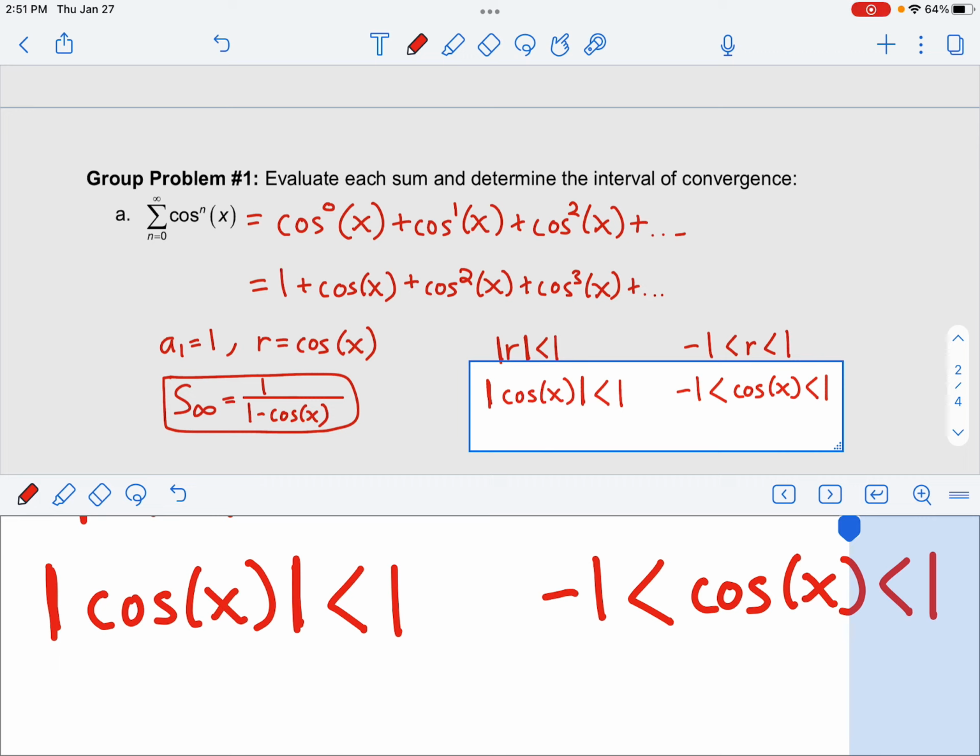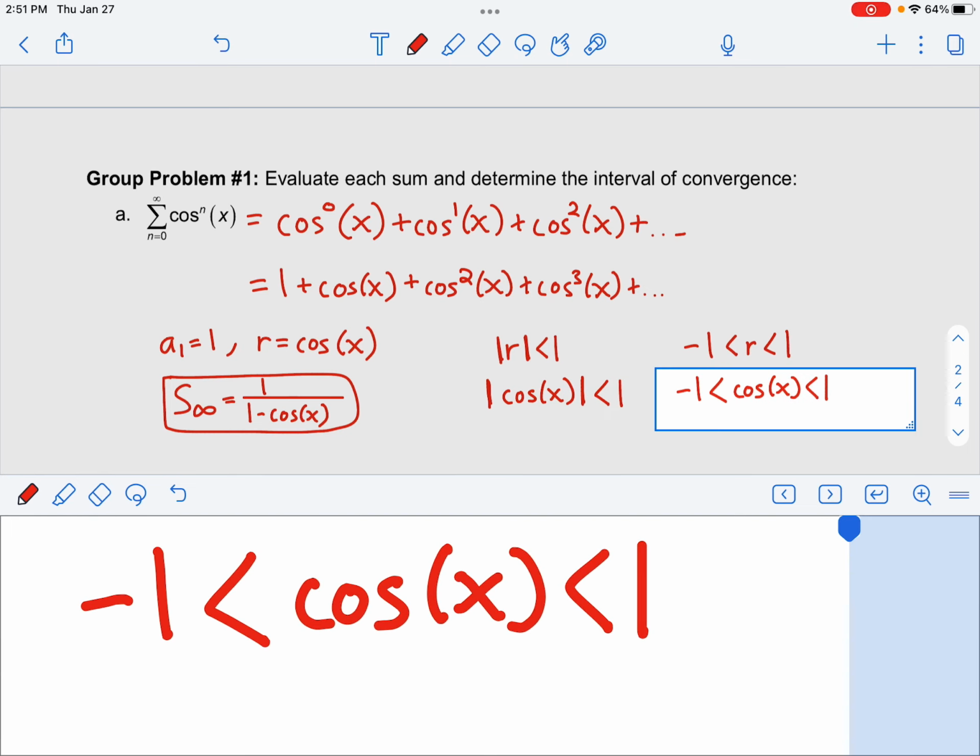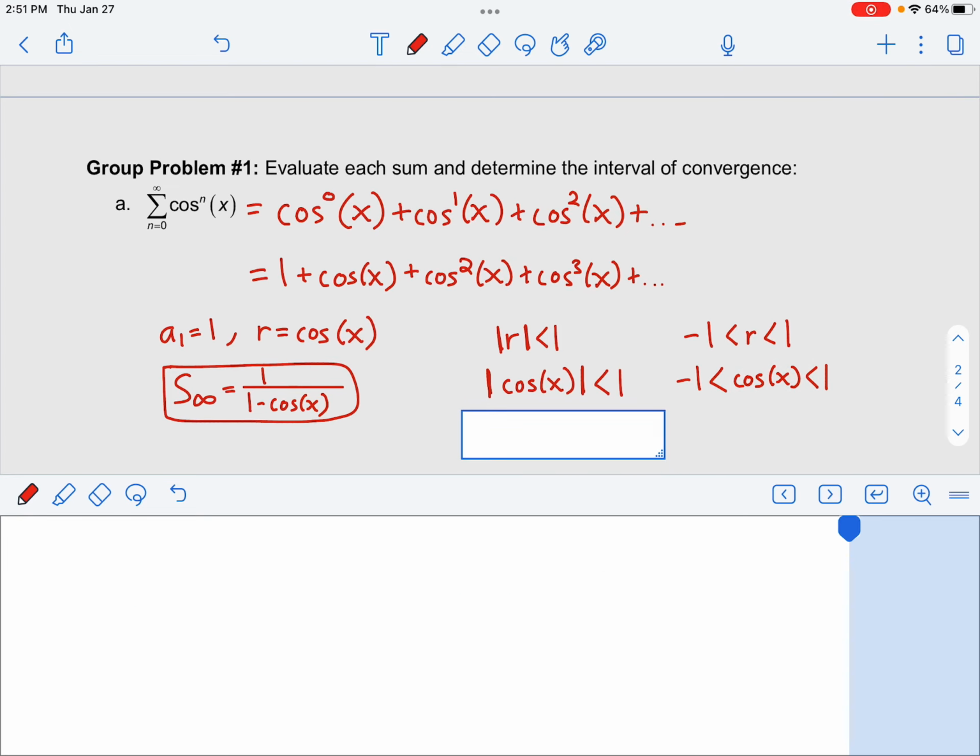Well, basically all of the x values except the ones that make it equal to 1 and -1, because the range for cosine is -1 to 1 inclusive, so we just have to exclude the values that make it -1 and 1.